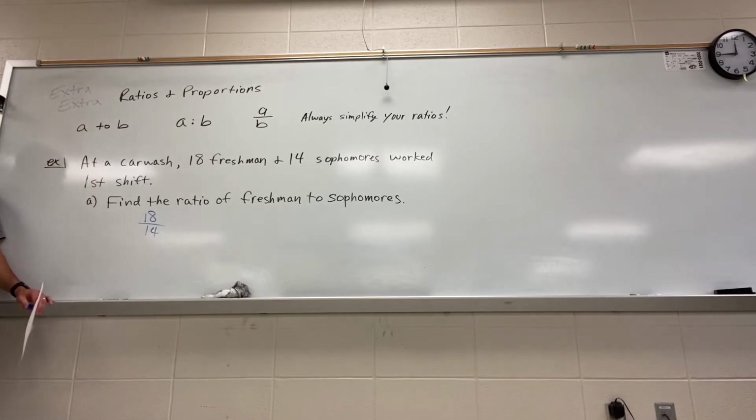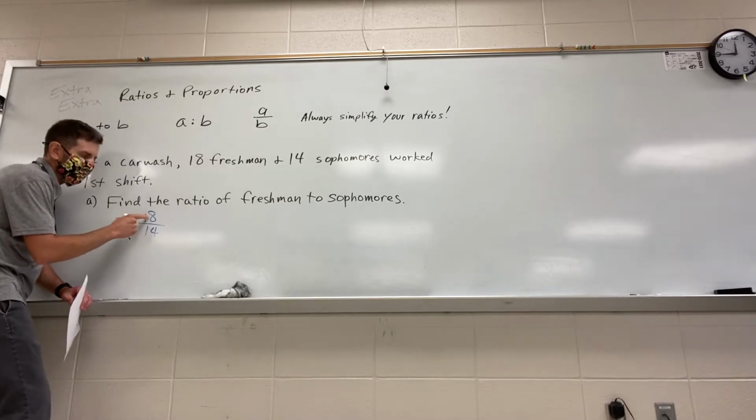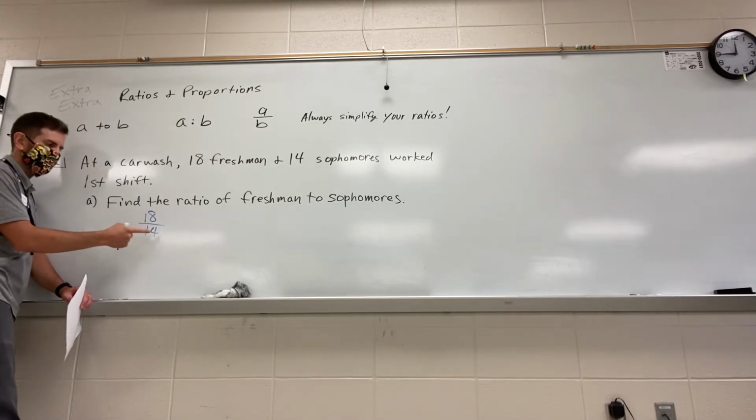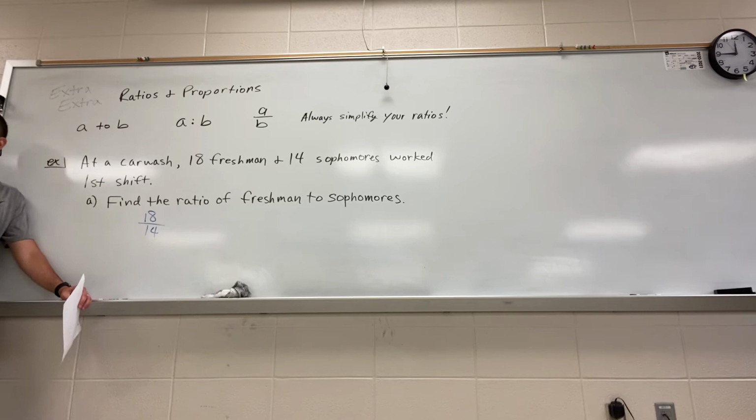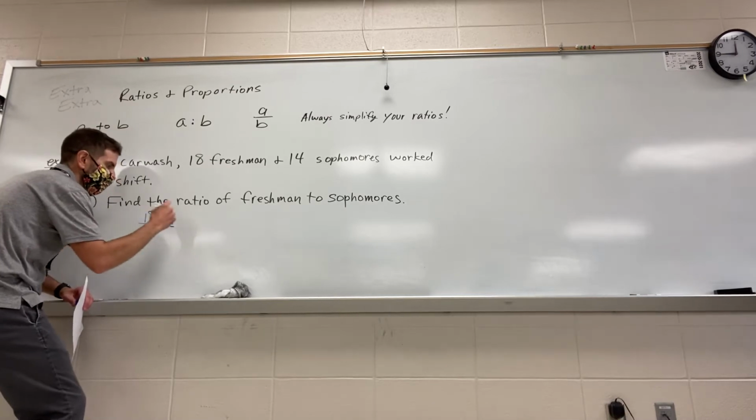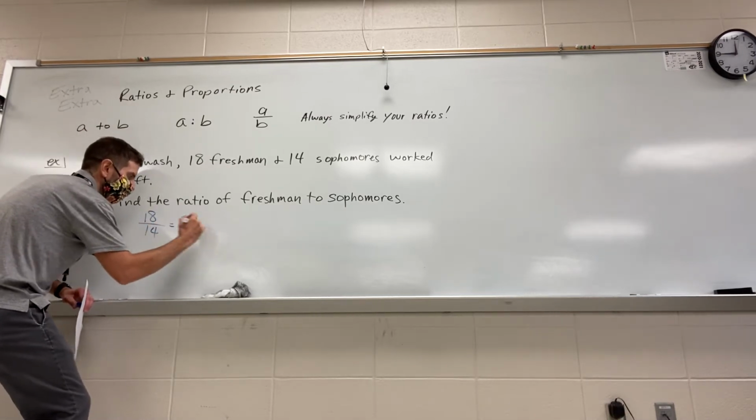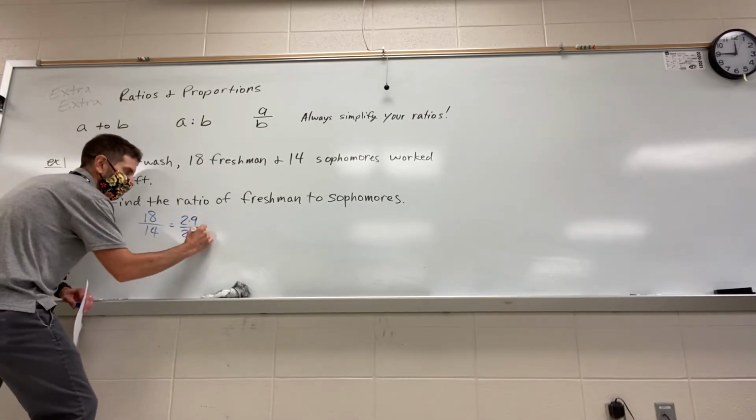When numbers are more complicated, I want you to think about this. I'm going to rewrite 18 and 14 so that they have a common factor that I can divide out. We can rewrite 18 as 2 times 9, and 14 as 2 times 7.